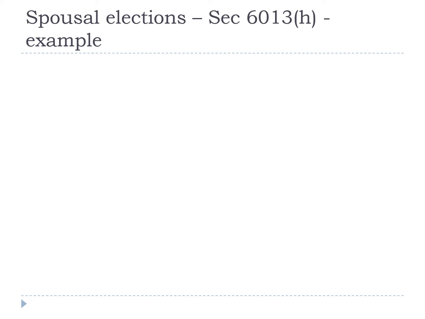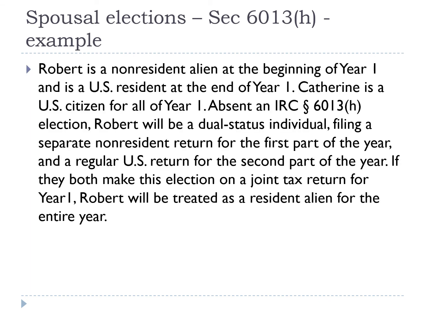Here's an example of the 6013(h) spousal election. Robert is a non-resident alien at the beginning of year 1 and is a U.S. resident at the end of year 1. Catherine is a U.S. citizen for all of year 1.